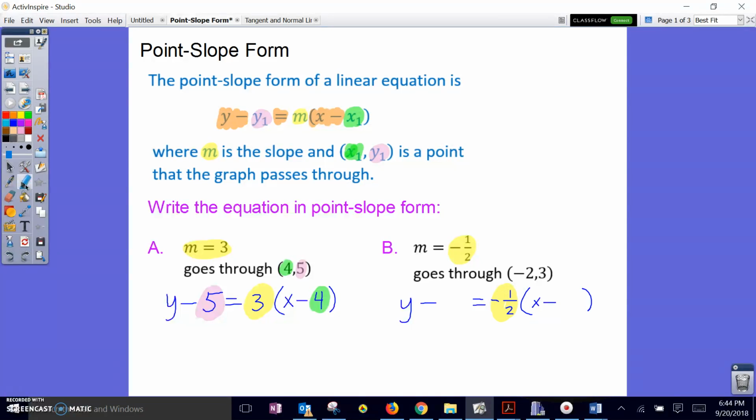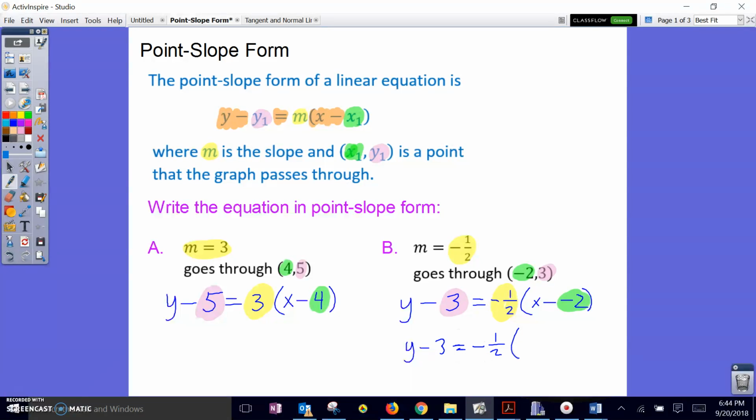My x coordinate of my point goes right here. It's negative 2. And my y coordinate of my point goes right here. That's positive 3. And I can simplify this a little bit since I have minus a negative in my parentheses.